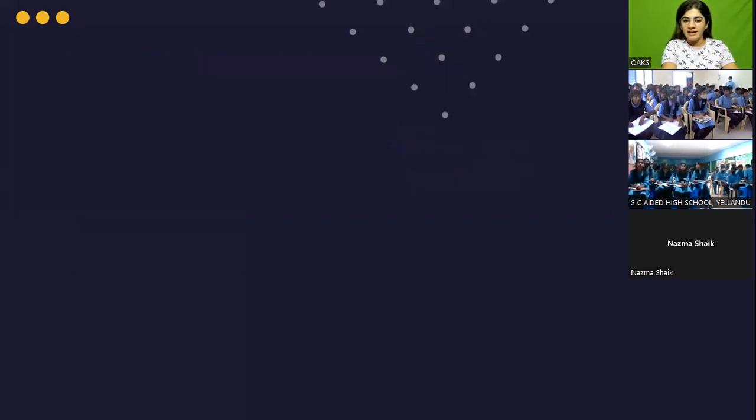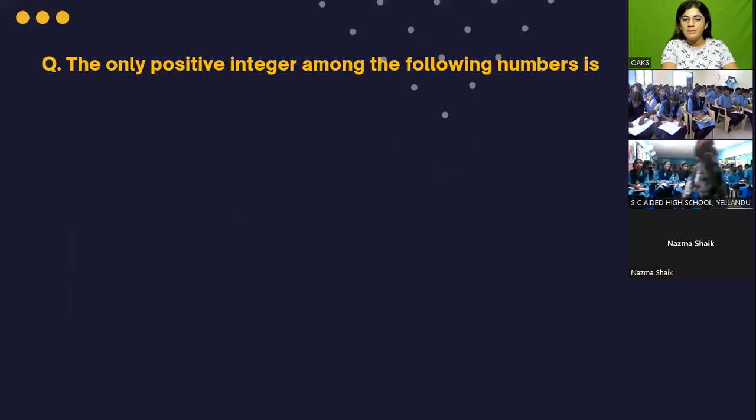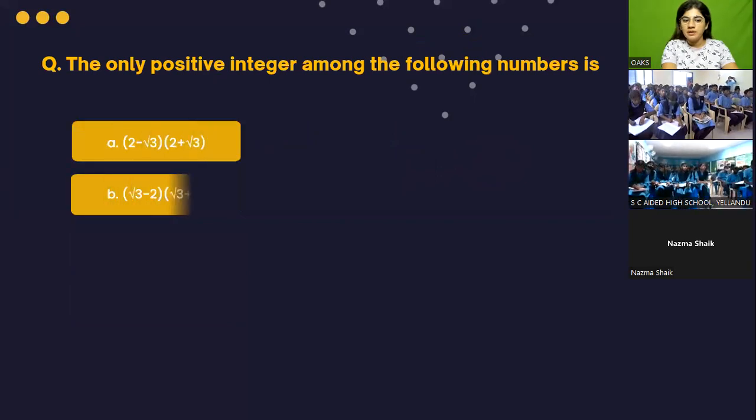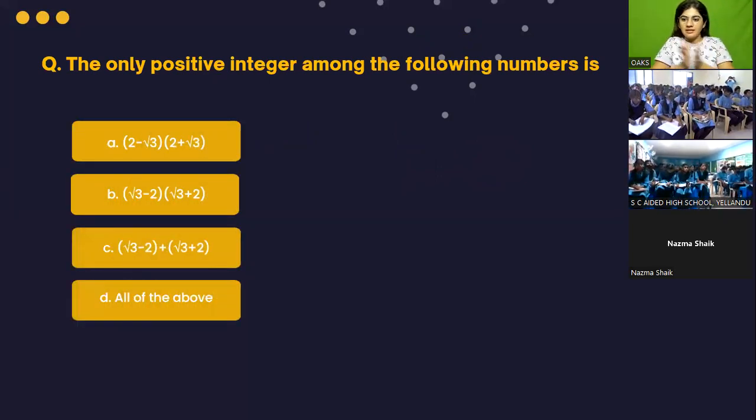Now, moving ahead, what do we have? The only positive integer among the following numbers is. Let's see. Fast. Solve this question. You have a multiplication of two irrational numbers. Let's see what is the answer of this multiplication.